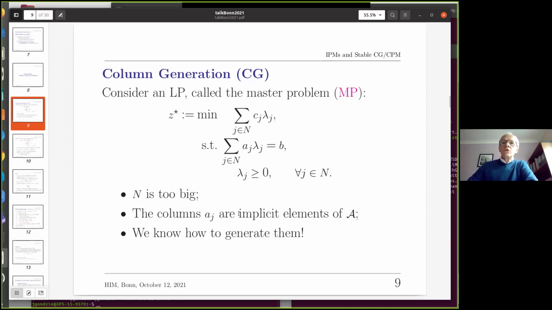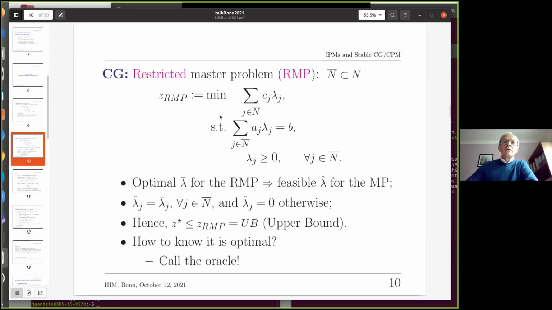The columns a_j here may be implicit elements of a certain set, and we do not have to have them explicitly, but we need to be able to generate them. This is enough to run the column generation process. And it works by choosing a subset of columns. So N bar is a subset of N, in which we will solve the so-called restricted master problem, which is a relaxation of some sort of the true master problem.